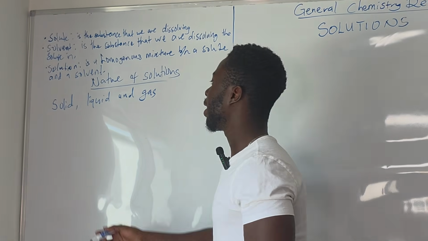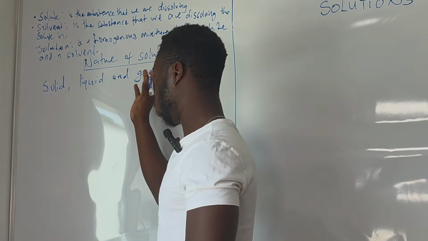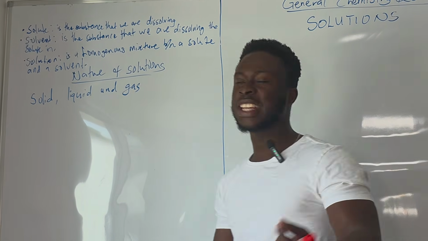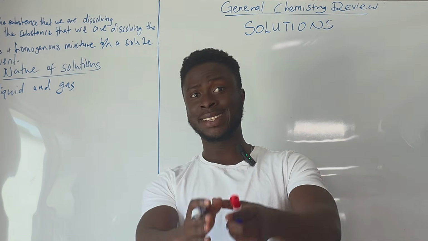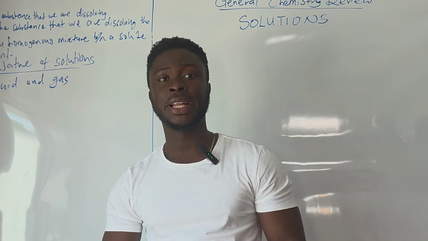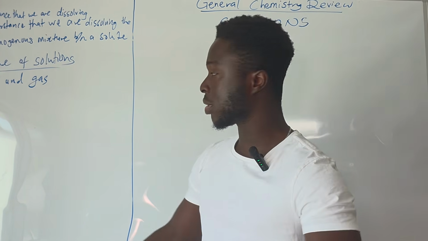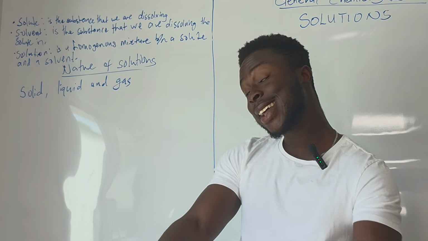Now we can have a solid solution. Solid solutions are usually metal alloys, like steel, which has a combination of carbon and some other metals. That is a solid solution, and the end product is a solid.